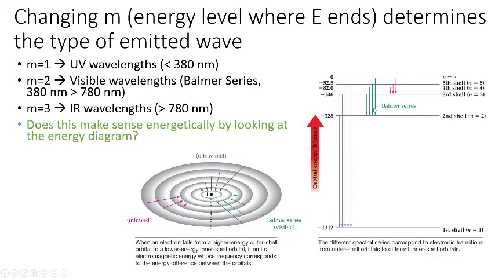The visible series of light is called the Balmer series. And then anything that returns to energy level 3 is going to be associated with infrared radiation, so that's going to be even smaller. So if we ask the question, does this make sense energetically by looking at the energy diagram? Yes. We see our highest transitions are UV, our mid transitions are visible, and our smallest transitions are IR.